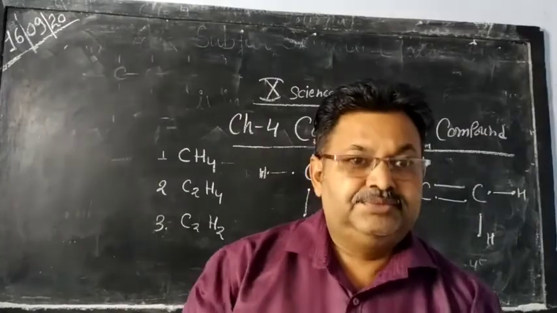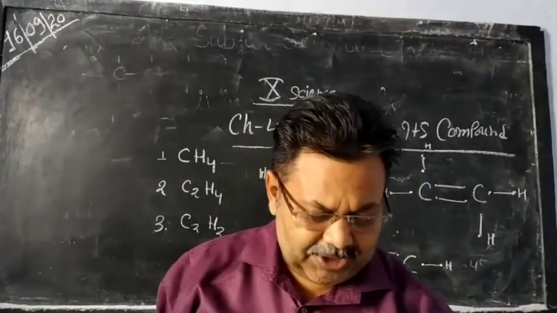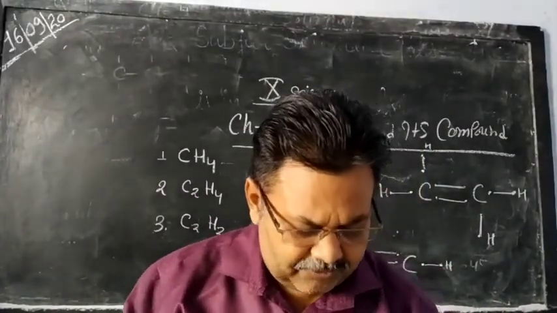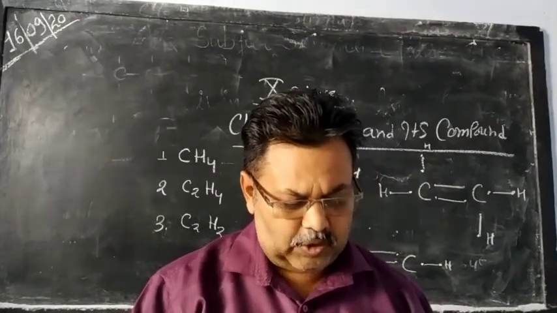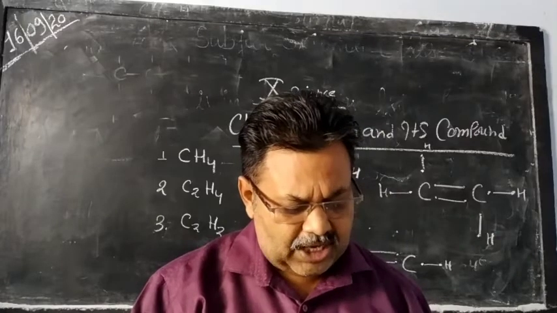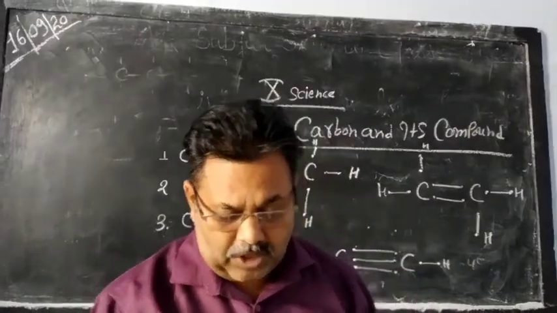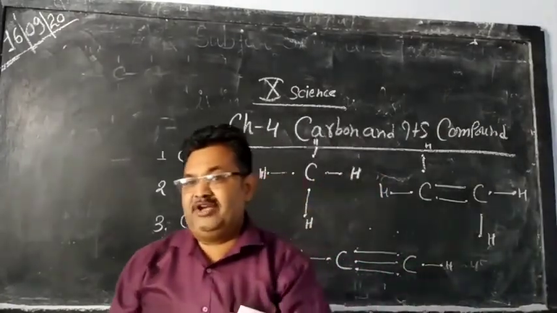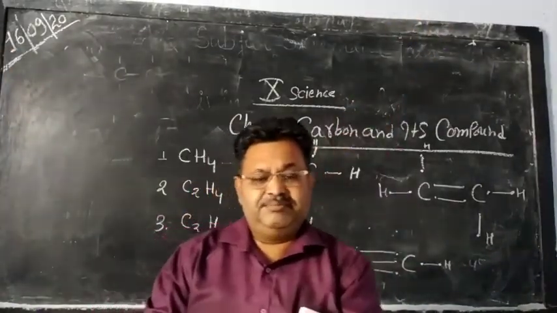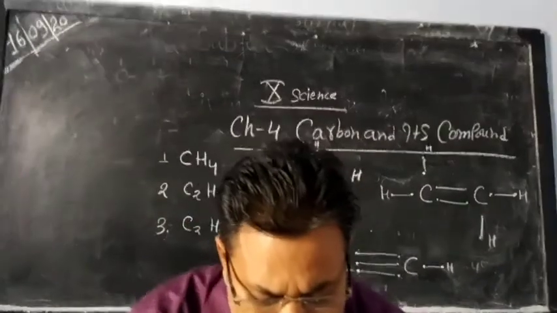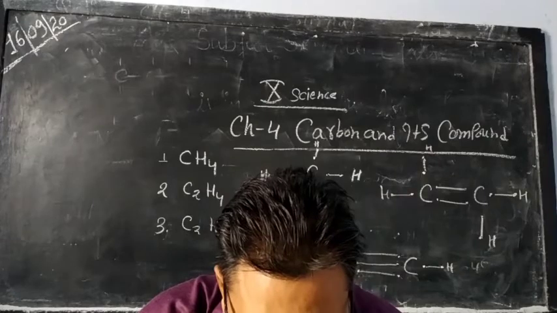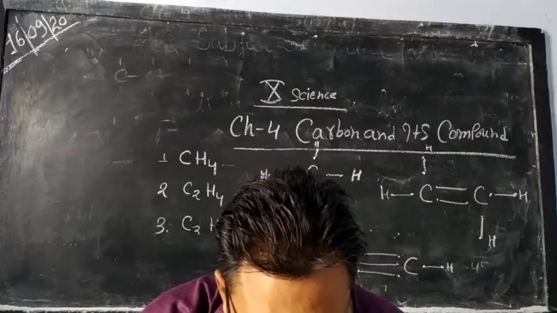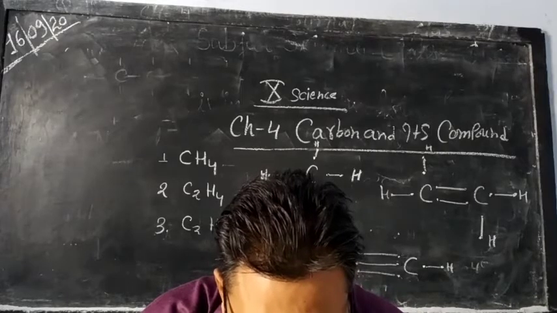Now we take the example of allotropes of carbon. The next topic of this chapter is the allotropes of carbon. So allotropes means compounds that have the same chemical property but differences in their physical properties are known as allotropes, and this phenomenon is known as allotropy.